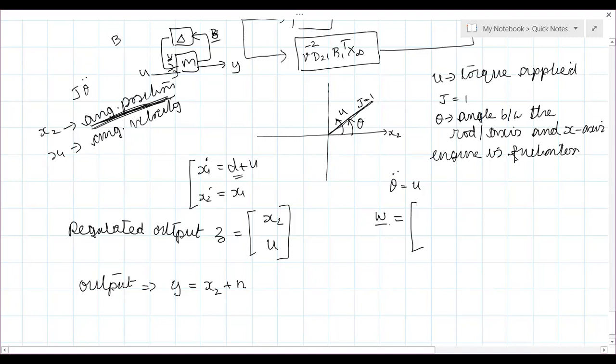What do you mean by exogenous input? Exogenous input means that which is affecting from the outside external world. So that one is the disturbance, and the other one will be the noise n. Is it not?